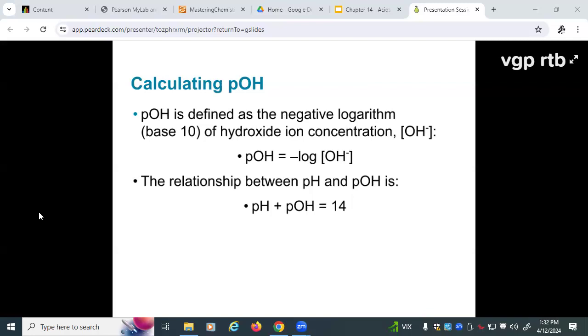And since pH and pOH have to add together to get 14, you could have come up with the pH through kind of a back door. You'd take the logarithm of that 0.01, you'd get 2. pH plus 2 is 14, so pH must be 12. That kind of math is a little bit easier to do.